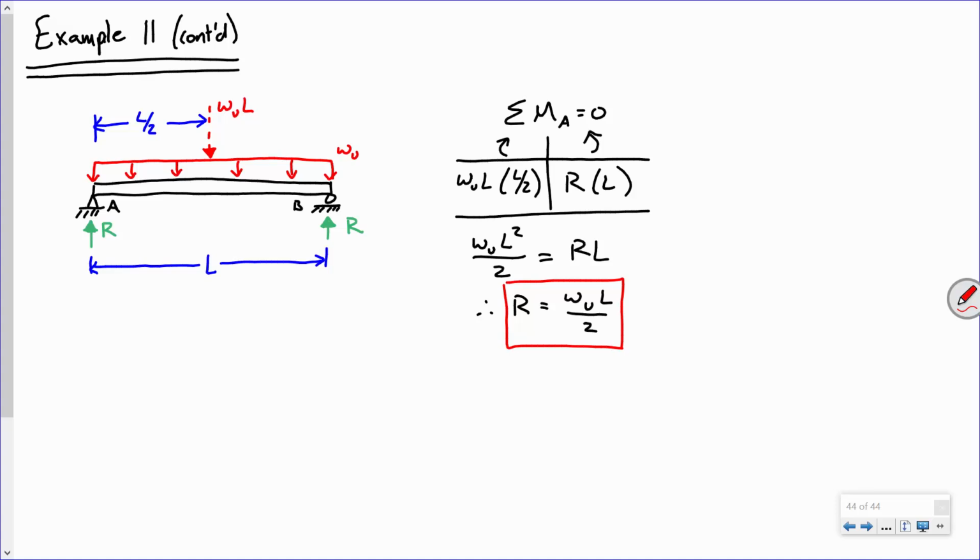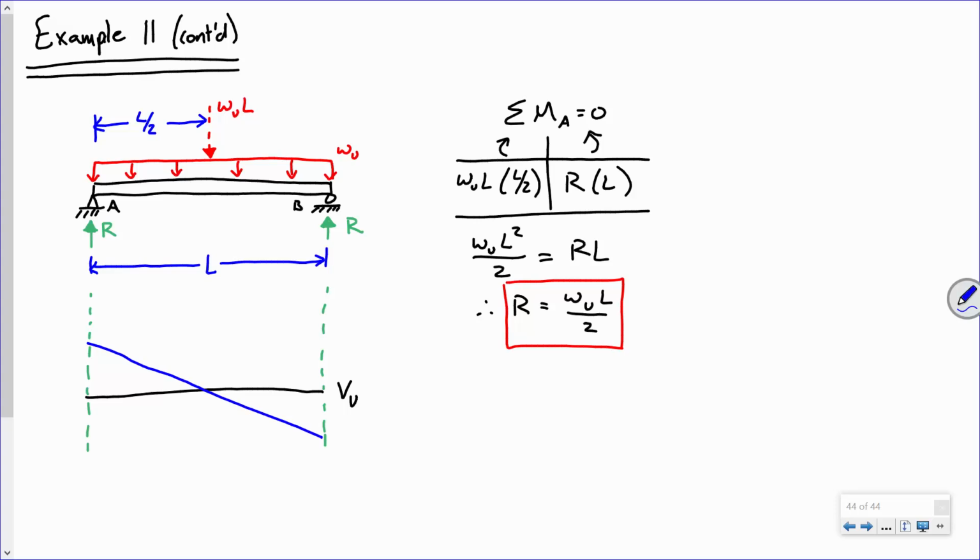Now, you all should know enough by now that since I'm not really dealing with this from a units perspective, maybe I'll just do V_U. What does the shear diagram look like for a problem like this? It looks about like that, right?